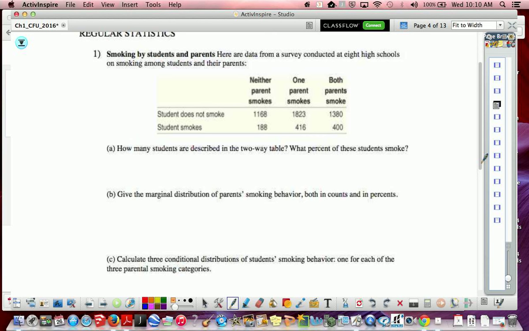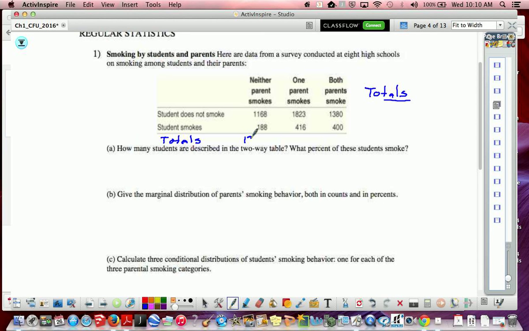Anytime I'm given a two-way table, if they don't give me the row and column totals, I actually take a minute and do these. So what I'm going to do is add up each column and each row.